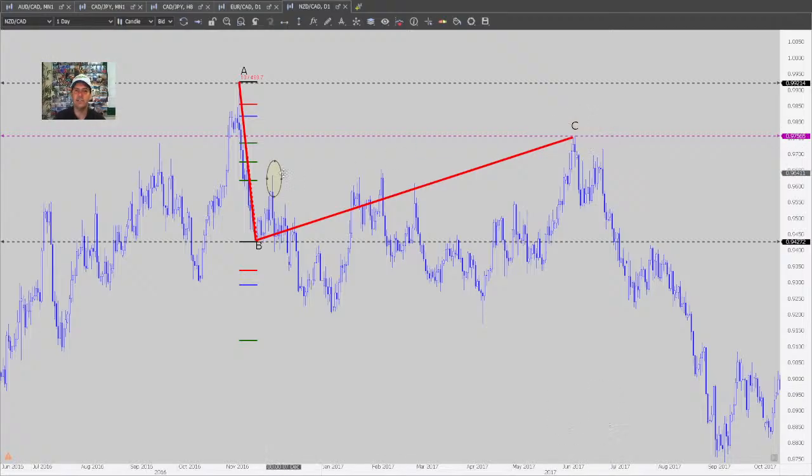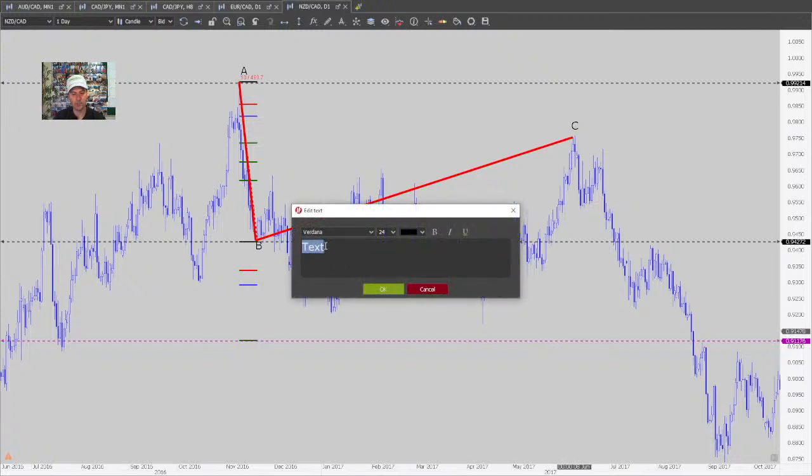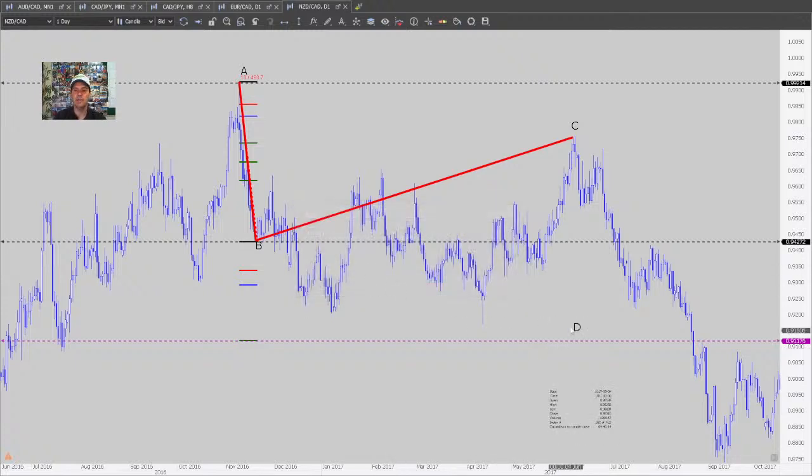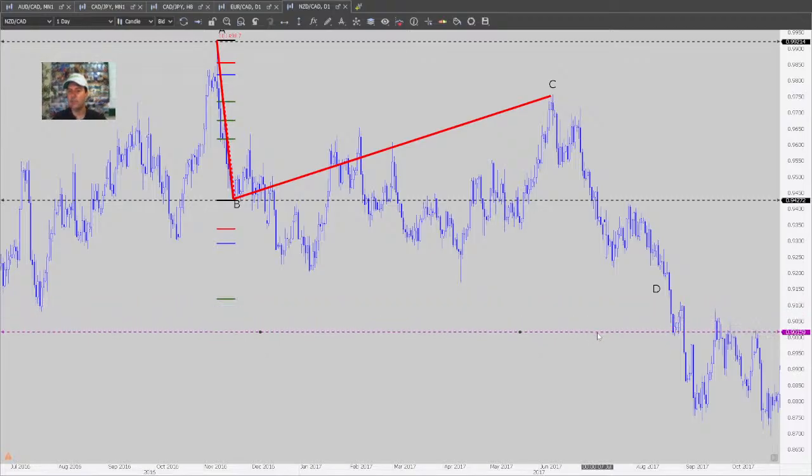All right, we found the C. Now green goes to green. Projected, the extension is here. The market did not stop at the green, the market went down, and the D must be a low. So that's the D. We're moving the chart. We're moving the horizontal line, and down, down, down, that's the low.